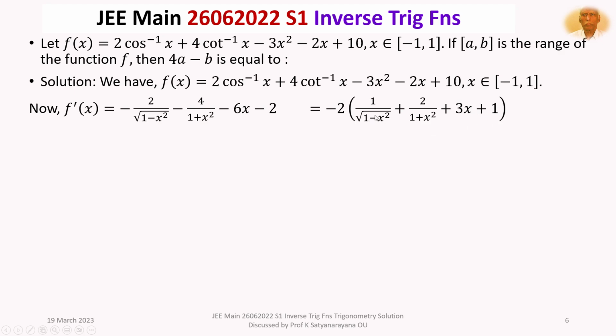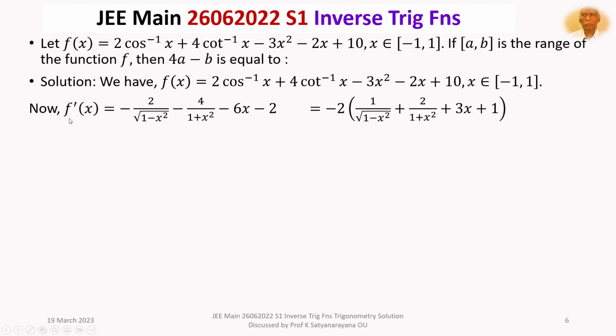Now, we have to see whether this f prime x is greater than 0 or less than 0 in this interval. For that, we take a convenient point in this interval, x belongs to minus 1 to plus 1, namely 0, and test it.